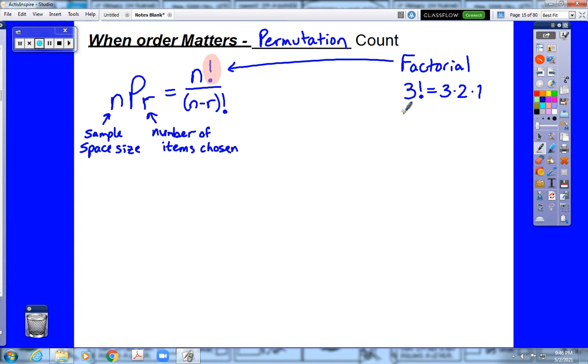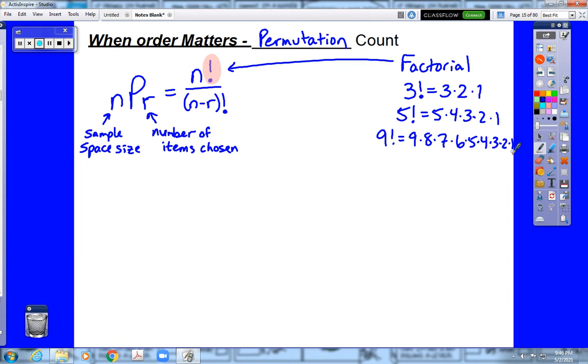If we had 5 factorial, it is 5 times 4 times 3 times 2 times 1. 9 factorial, I think we should be getting the pattern by now. Basically what a factorial does is it multiplies any positive integer by every other positive integer with less value.